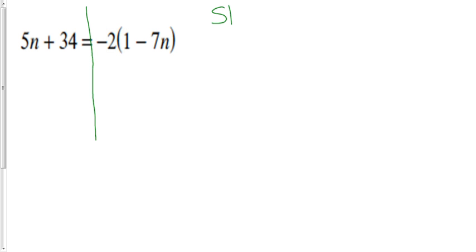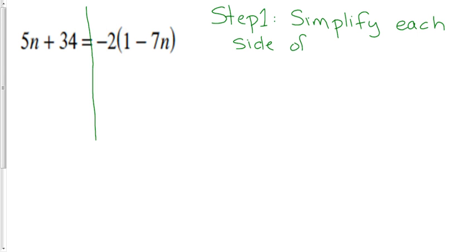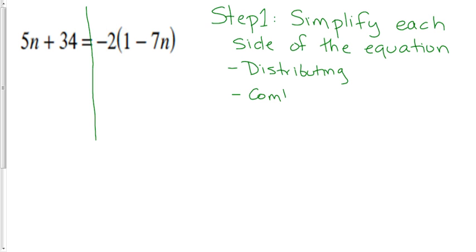So step 1 is to simplify each side. And you do that by distributing and then combining like terms.